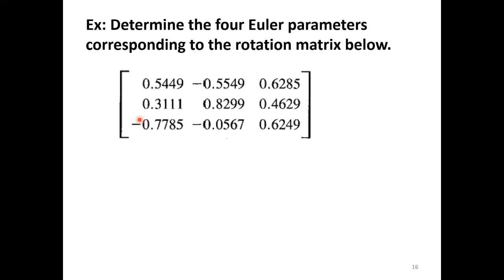What are the 3 angles embedded in this matrix? This matrix represents the orientation of a vehicle, and how do you know what the 3 angles are? And also calculate the Euler parameters for this rotation, epsilon 1, 2, 3, and 4. Quite a lot of information, quite a lot of knowledge around one matrix.